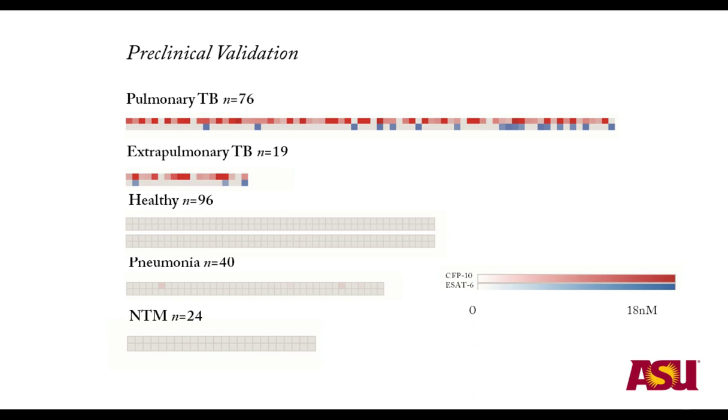First we have 17 pulmonary TB and 19 extrapulmonary TB patients, so here we can detect most cases of the different forms of TB infection. There are 96 healthy controls, and none of them shows the signal for the antigen peptide, so the specificity is very ideal. We also tried 40 pneumonia patients, and 2 patients showed a very weak signal.